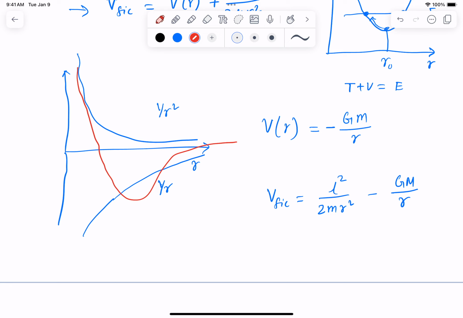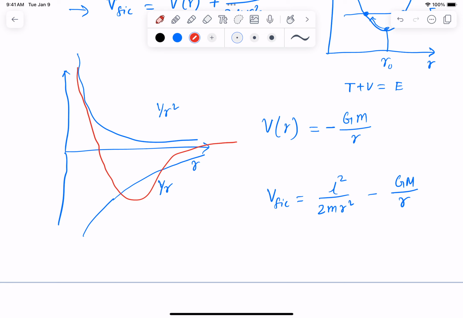The reason is that for small values of R, the 1 over R square term is dominant. So the positive term is dominant, and hence for small values of R, the fictitious potential is going to be positive. But for large values of R, the negative 1 over R term is going to be dominant, and in between you will get some kind of a minimum, right?